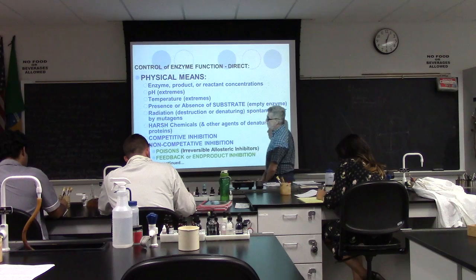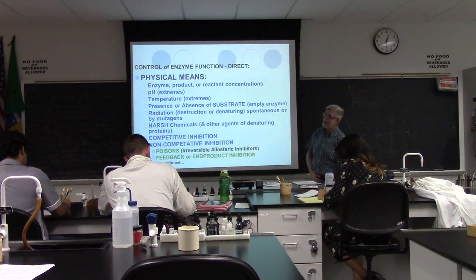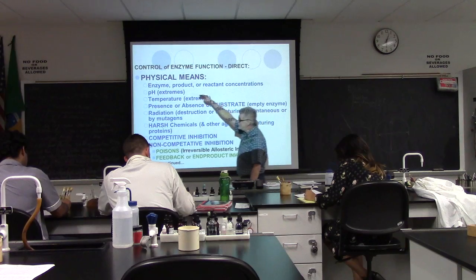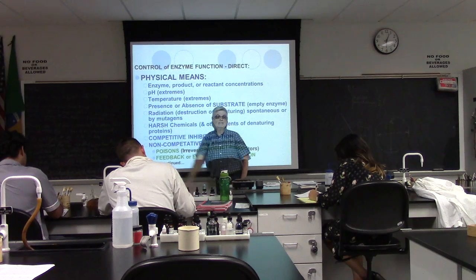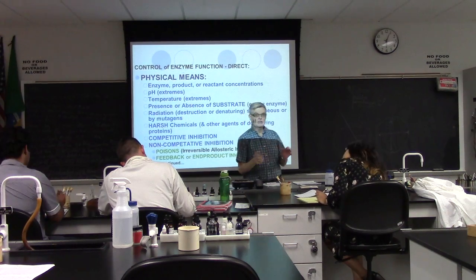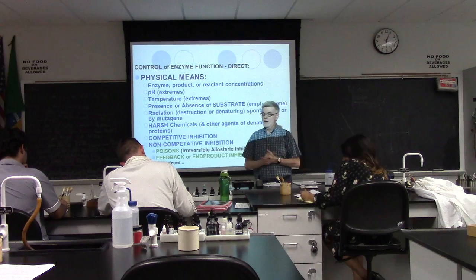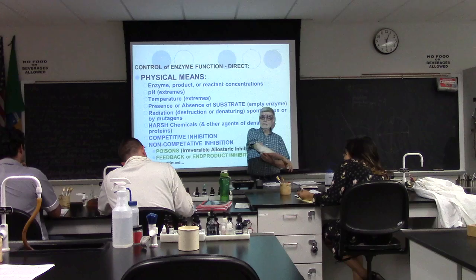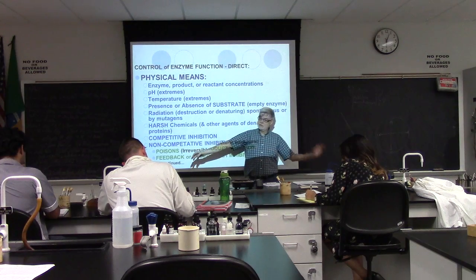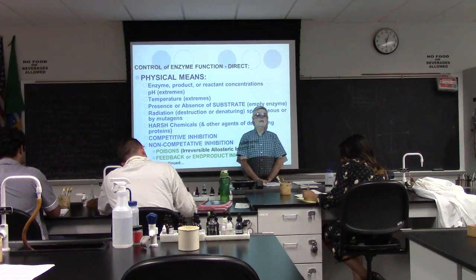Okay, another unusual thing that we talked about: pH is one of the unusual direct ways of affecting an enzyme. And why is it? Because enzymes work by shape, which is called their nature. And when you put an enzyme into an acid or extreme acid or extreme base, they are denatured.